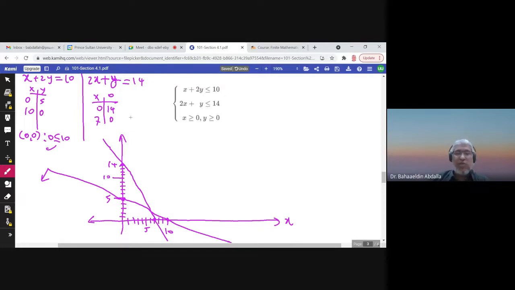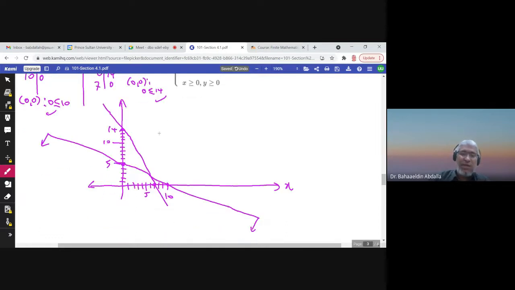So let us choose 0, 0. 2 times 0 plus 0, 0 less than or equal to 14. Is this correct? Yes. So the answer is also here, below this line.